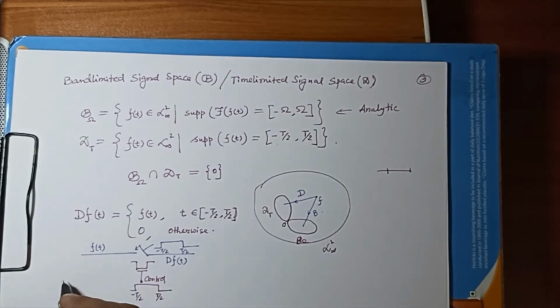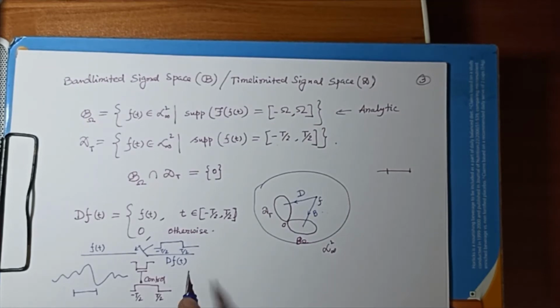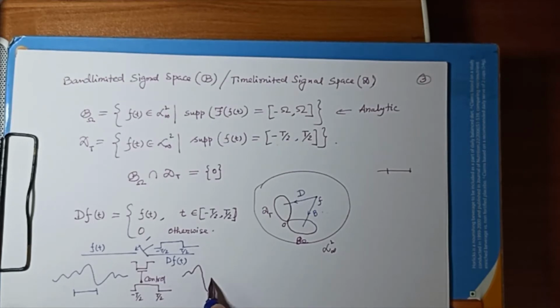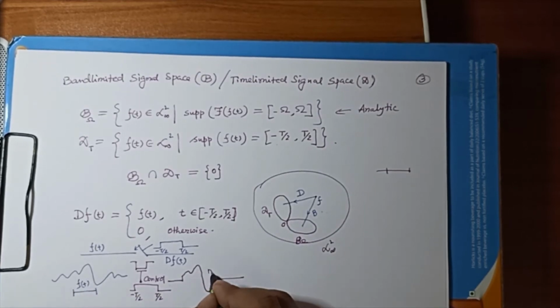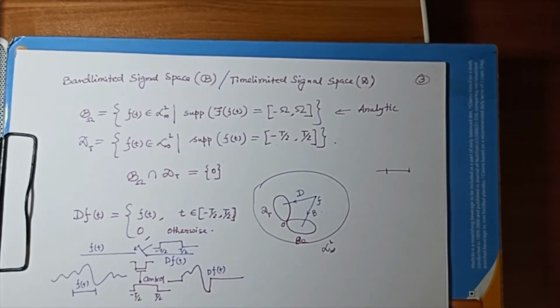So if f(t) is say like this, and your minus T by 2 to T by 2 is say this range, the output will be basically this, and outside that it will be 0. This is the output of such a switch. That is time limitation, this is f(t), this is D f(t). This is how I understand time limitation.